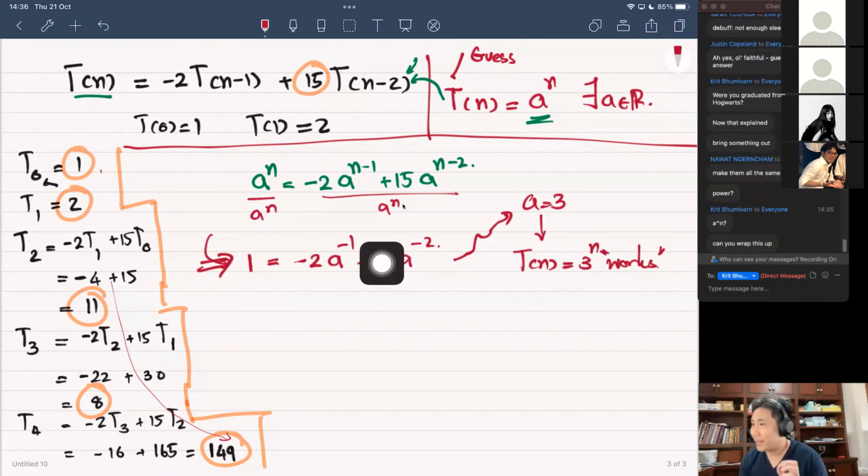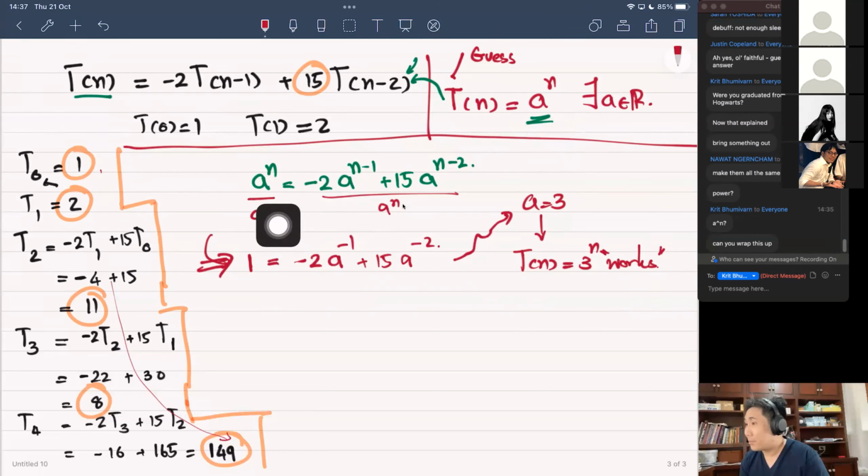Okay, let me try to explain it again. We guess at the beginning that Tn is A to the n. But if A to the n were to work, that means if I plug in this guess for Tn, it should make the left-hand side and the right-hand side equal.